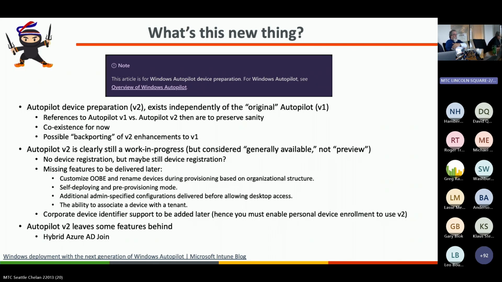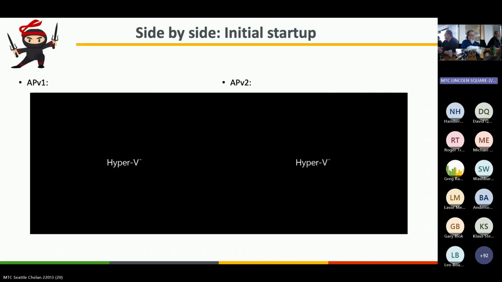There is one feature that Microsoft hates, so they were very, very specific in calling out that hybrid Azure AD join will never be supported in Autopilot V2. Okay, not a big deal. Is that the only thing that's not going to be there?